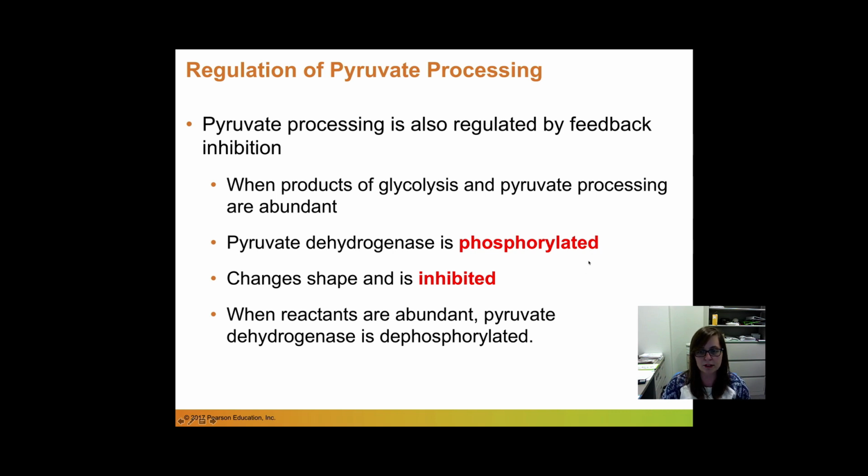This phosphorylation changes the shape of the enzyme complex, and then it becomes inhibited. So this is an example of when phosphorylation, instead of activating an enzyme, inhibits it. When the products are no longer abundant, pyruvate dehydrogenase is dephosphorylated and can go back to converting pyruvate into acetyl-CoA.